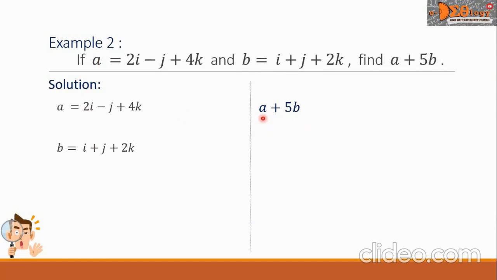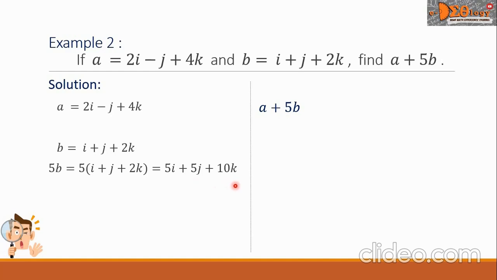For the A, we can just simply copy the value here. Now let us evaluate the 5B. We are going to multiply the constant 5 to vector B. So 5B equals 5 times the quantity i plus j plus 2k. And this will be simplified into 5i plus 5j plus 10k.